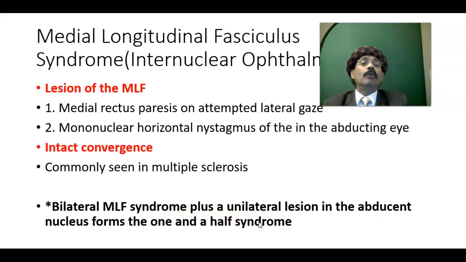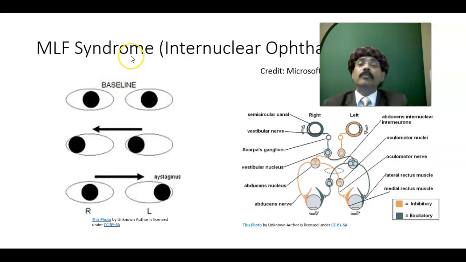In that condition, only the intact lateral rectus muscle will work. The lateral rectus muscle abducts the eyeball. So only the intact lateral rectus muscle will work there. Okay, so this is the medial longitudinal fasciculus syndrome.